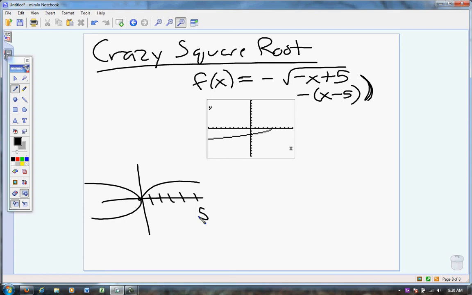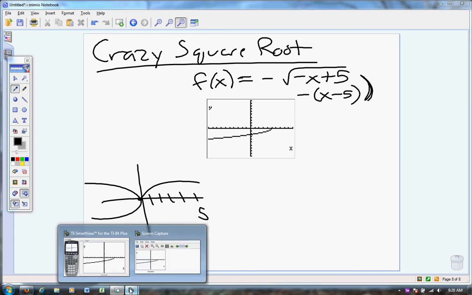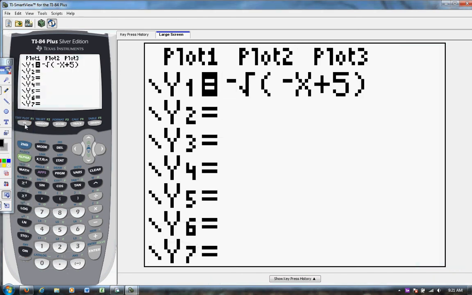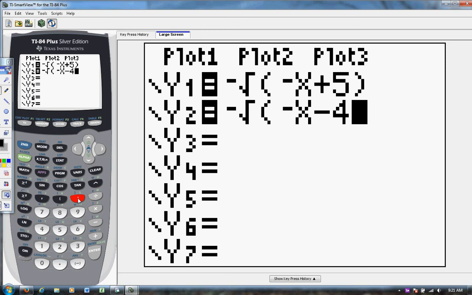So again, let's do one more real quick before the bell rings. Let's do one more crazy one. How about this one? The negative square root of negative x minus 4. Okay, let's see where this one winds up.